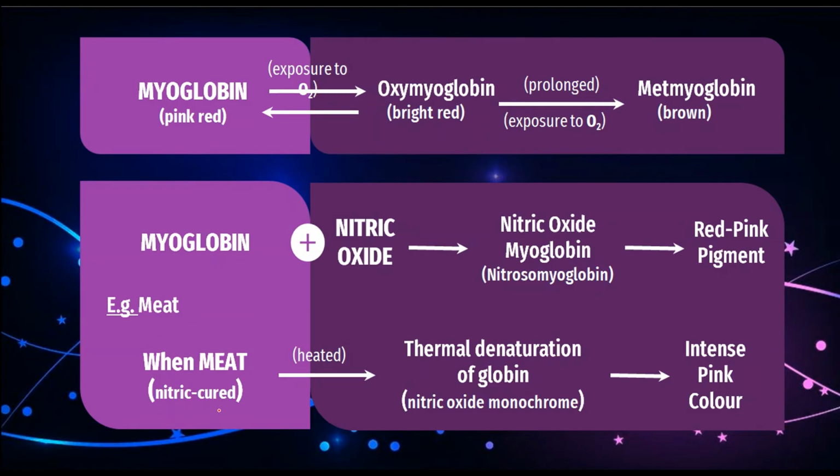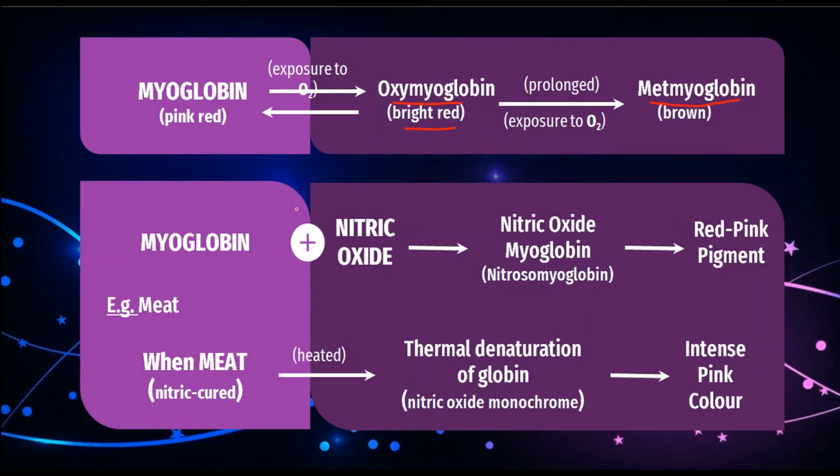These are some basic reactions which take place in myoglobin. Myoglobin is pink red in color. When it is exposed to oxygen, oxymyoglobin, which is bright red in color, is formed. And if this exposure is for a prolonged period, then metmyoglobin, which is brown in color, is formed.